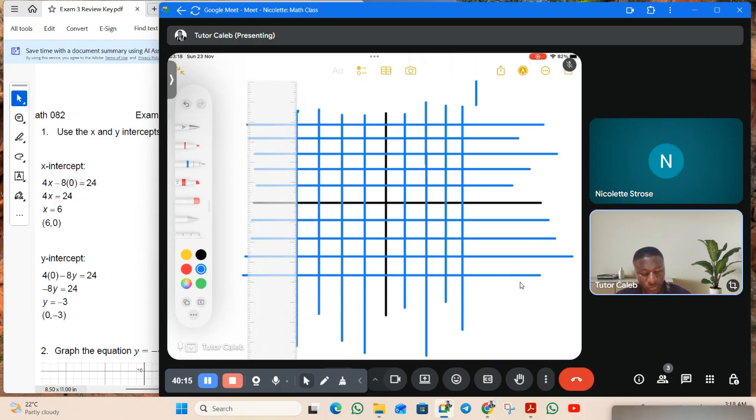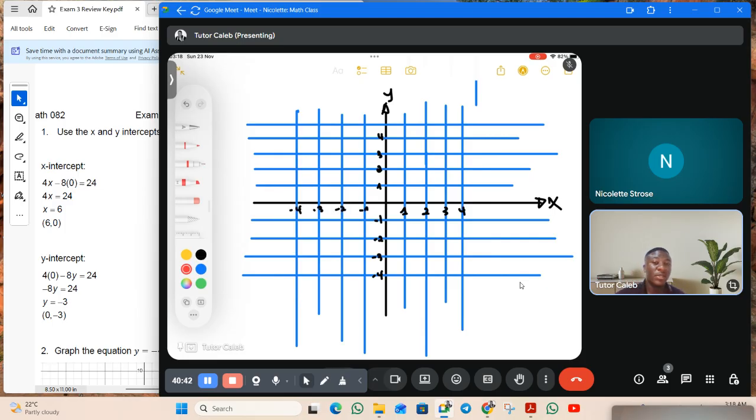All right, good. Now, this is my y-axis, this is my x-axis. Here I'll put 1, 2, 3, 4, and negative 1, negative 2, negative 3, negative 4 on each axis.